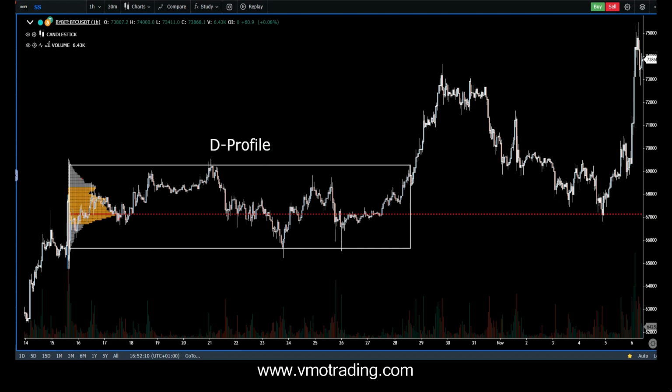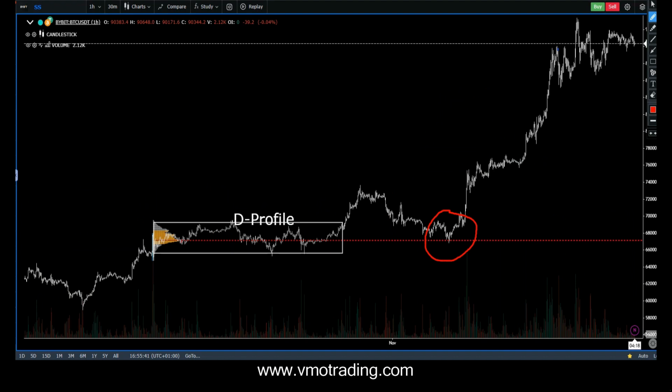The red line of the D profile shows the price level where price spent the most time, creating value. As you see on this chart on the right hand side, prices very often tend to return to the value. And this is why this red dotted line is called the point of control.